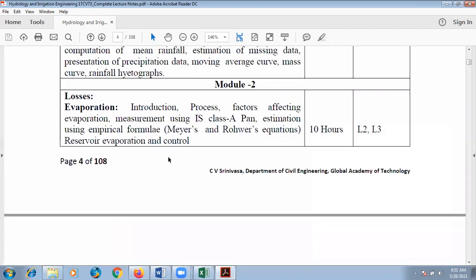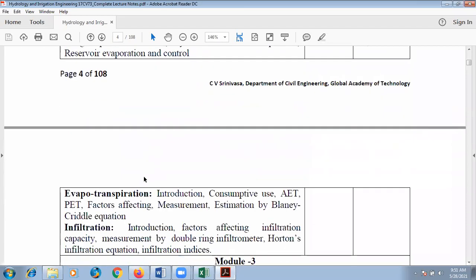That means to say that the breakup of rainfall, some lump sum quantity, out of which, when it reaches the surface of the earth, the ground, it gets distributed in various forms. Some quantity of water is lost, goes back to the atmosphere in the form of evaporation.